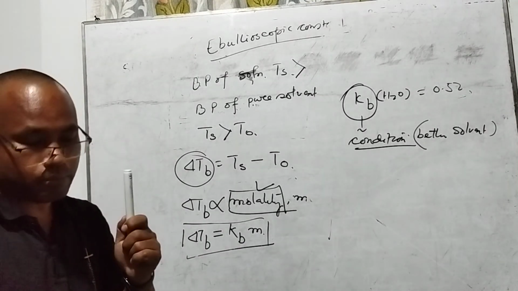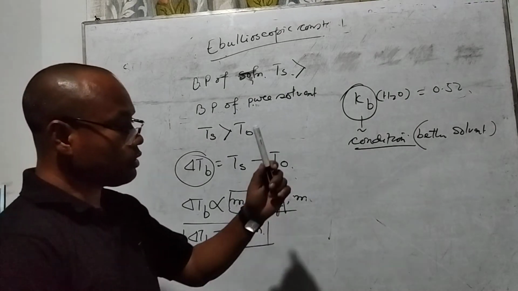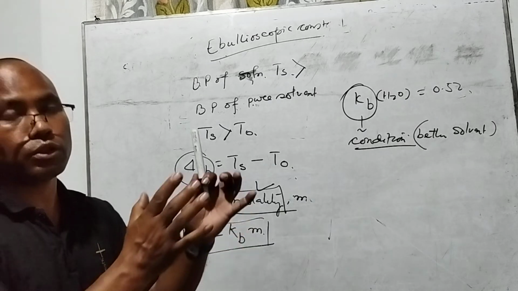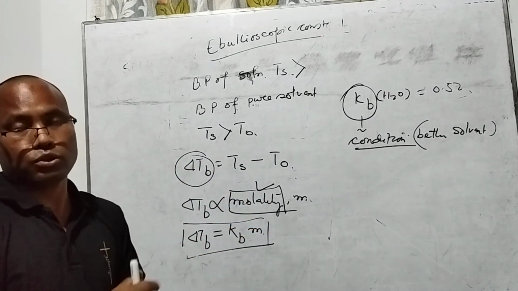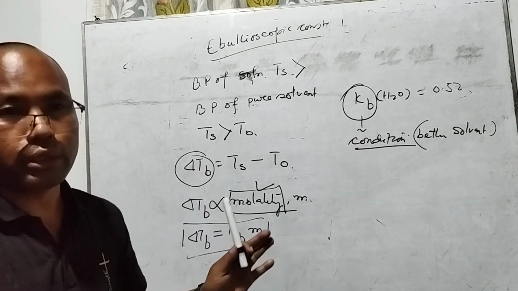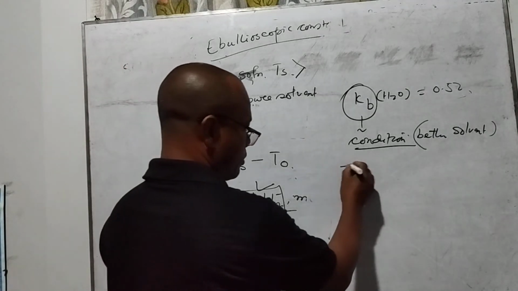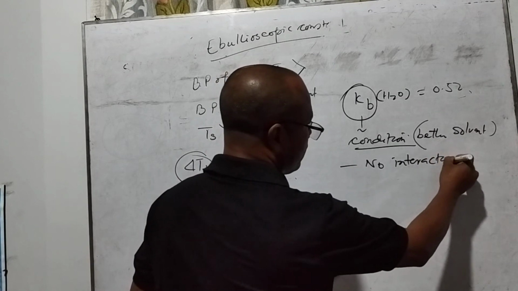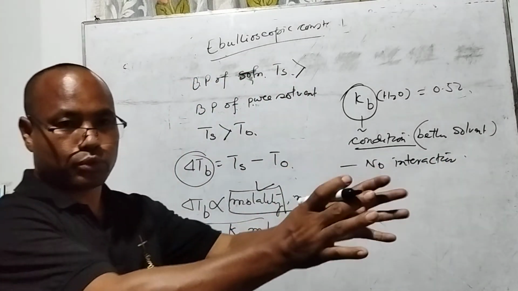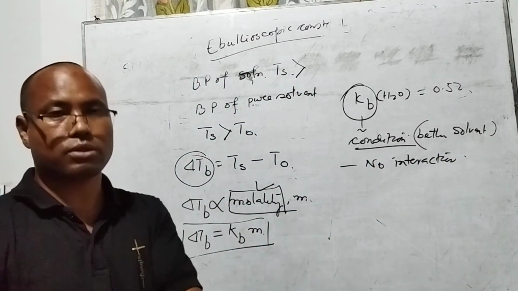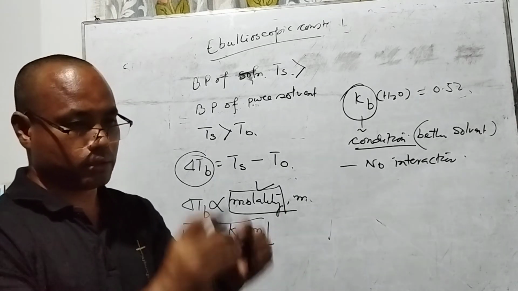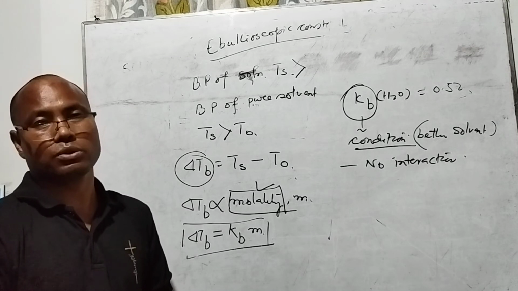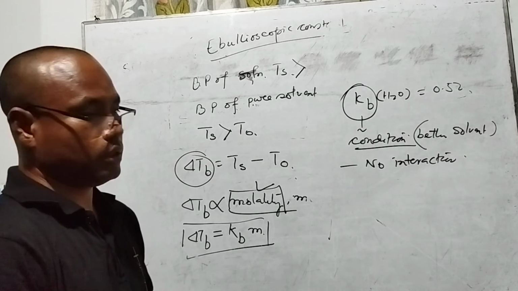Here the basic chemistry is to remember that the solvent we take should not interact with our solute. No chemical interaction. Solute remains solute and solvent remains solvent, right? There is less possibility of interaction between solute and solvent molecules.